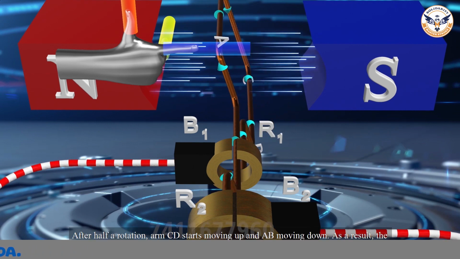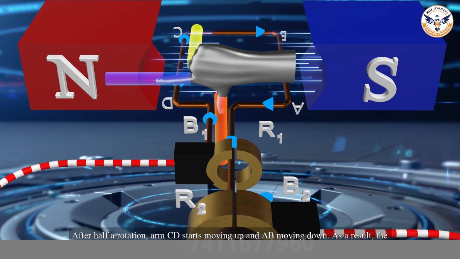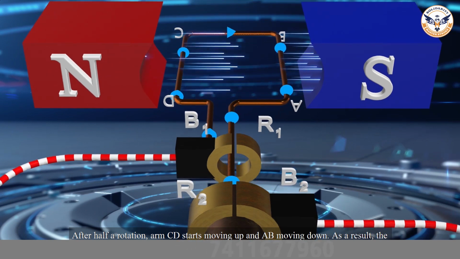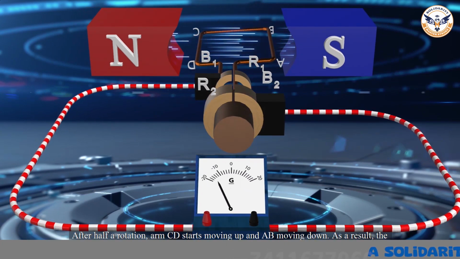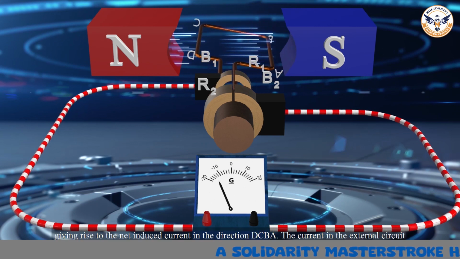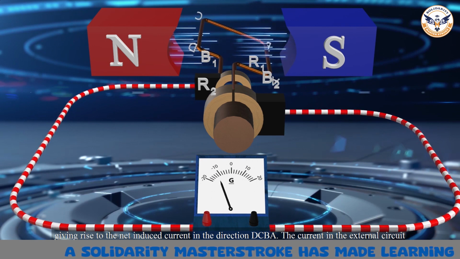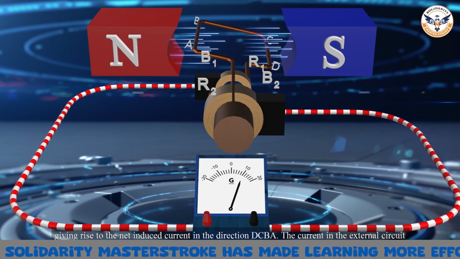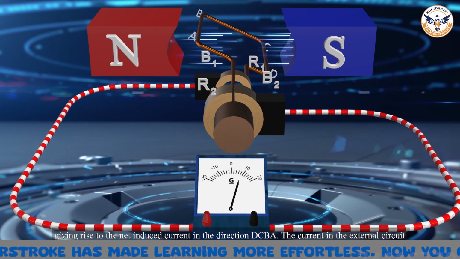After half a rotation, arm CD starts moving up and AB moving down. As a result, the directions of the induced currents in both the arms change, giving rise to the net induced current in the direction DCBA. The current in the external circuit now flows from B1 to B2.